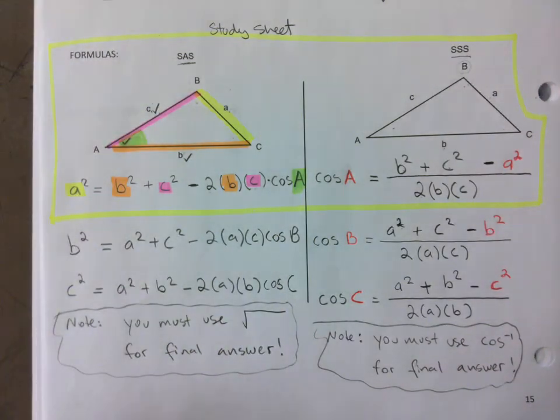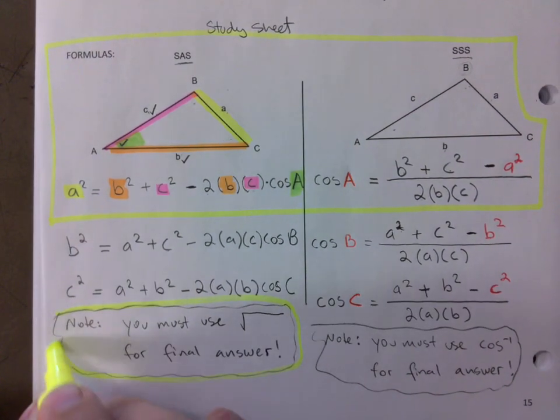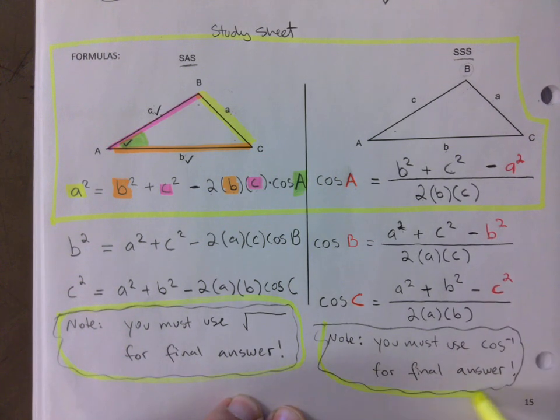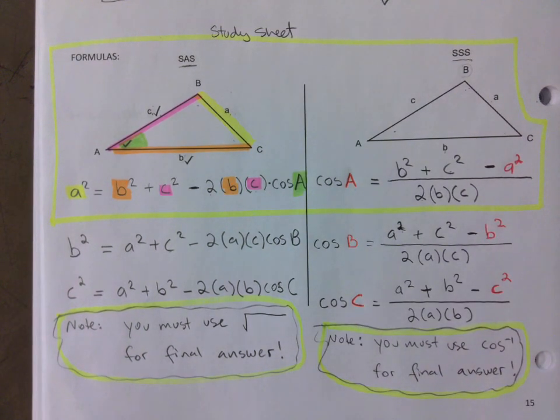And I will highlight that as well, like the cloud, just so that you know that should probably go with your formulas as you're entering them onto your study sheet. I would strongly recommend that.